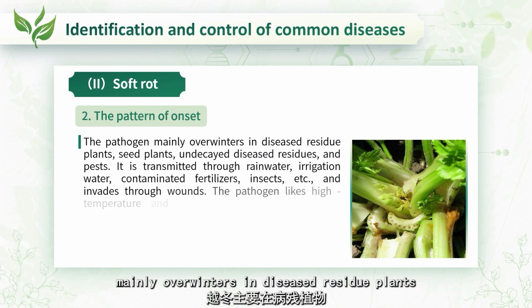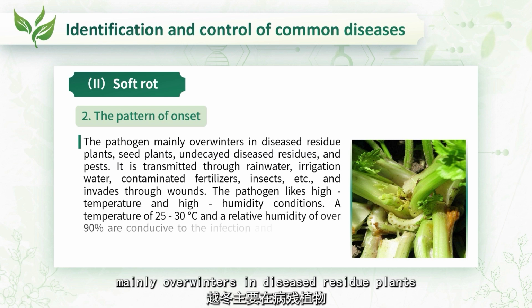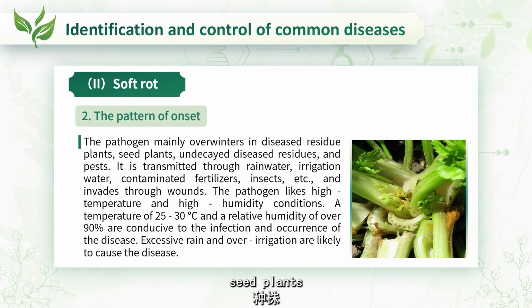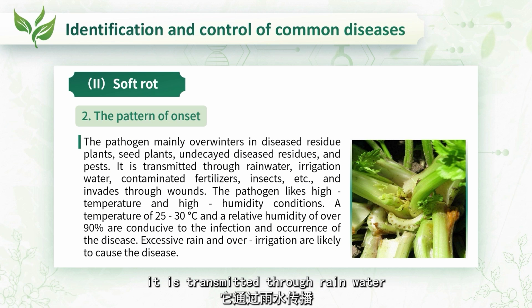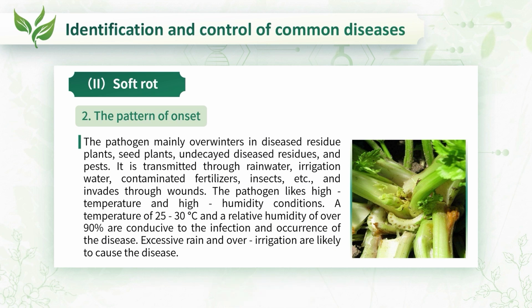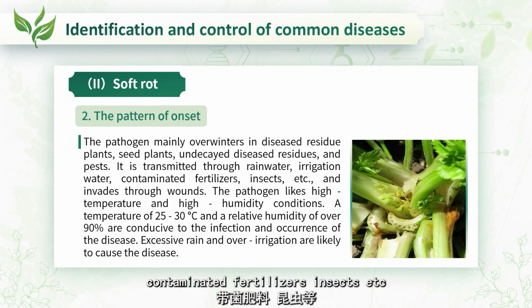The pathogenesis of soft rot. The pathogen mainly overwinters in diseased residue plants, seed plants, undecayed diseased residues, and pests. It is transmitted through rainwater, irrigation water, contaminated fertilizers, insects, etc., and invades through wounds.